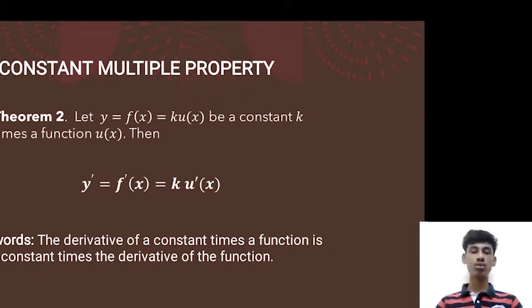Then y prime equals f prime of x equals k times u prime of x. In words, the derivative of a constant times a function is the constant times the derivative of the function.